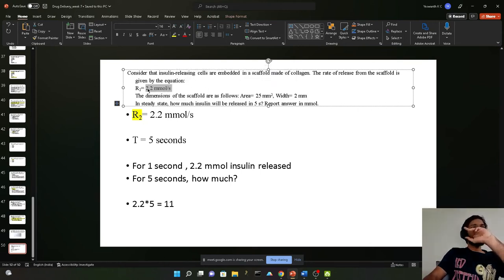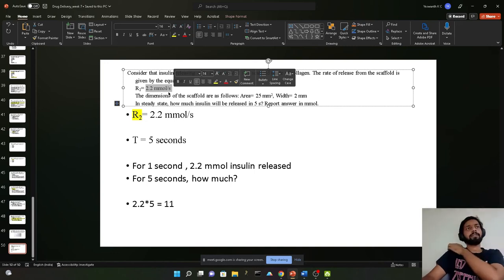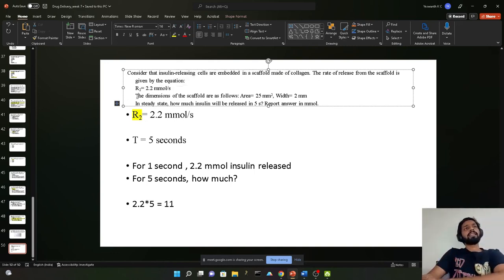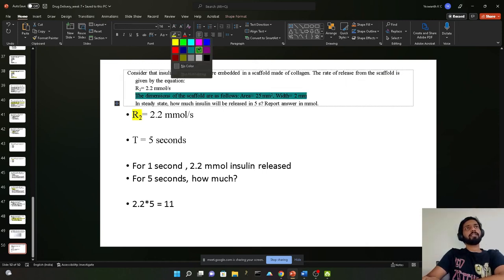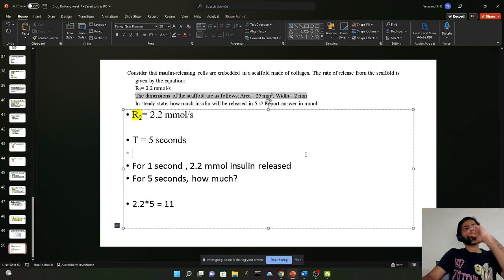If you're not given the release rate and instead they give you a formula by which release is happening, then you'll have to calculate the release rate using this area and width. But in this case, they've directly given you the release rate. This is just useless information, just to confuse, I guess. But you don't need it.